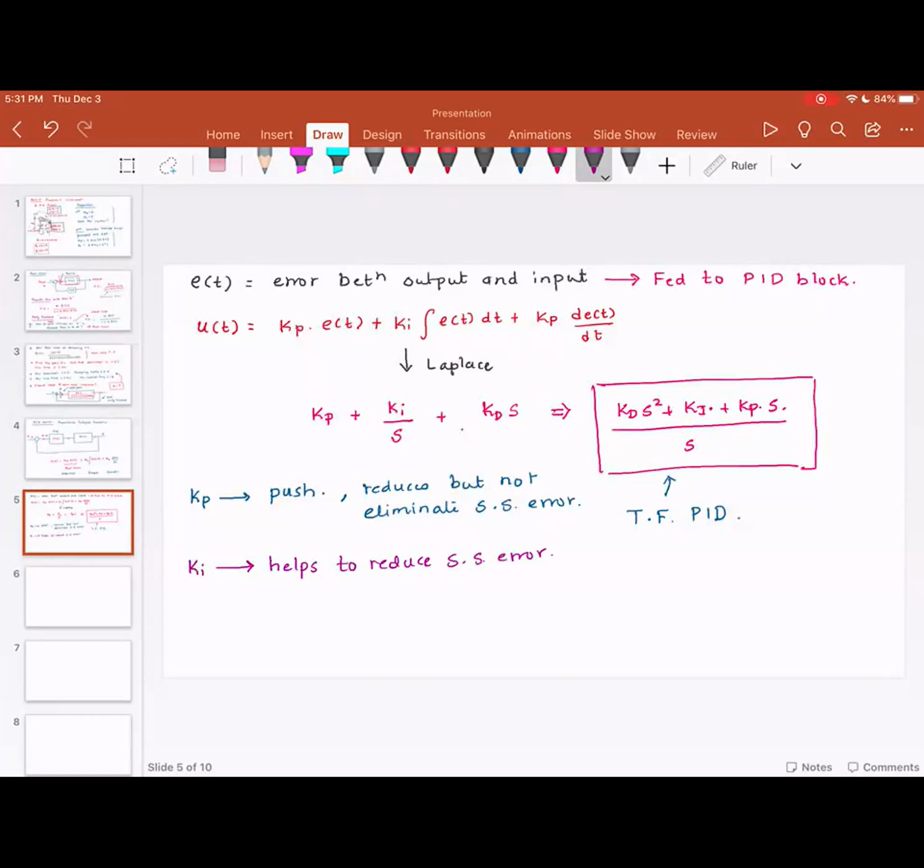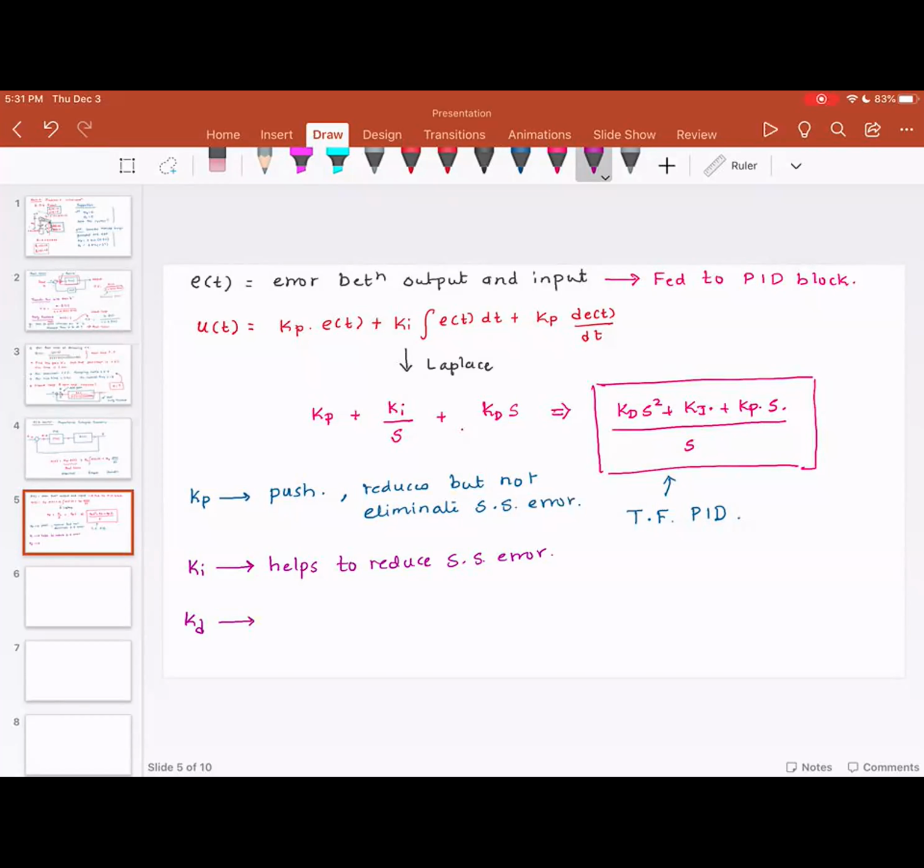So it helps to reduce the steady state error. Now, what happens is if you add KD, this KD sort of anticipates what's going on, because think about it. KD depends upon the derivative. Derivative is nothing but sort of the slope.